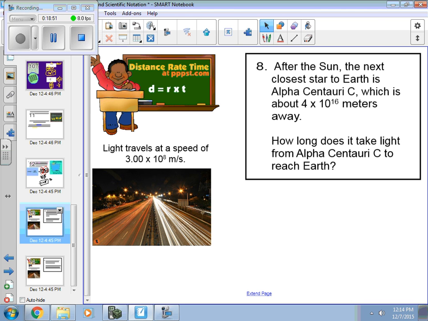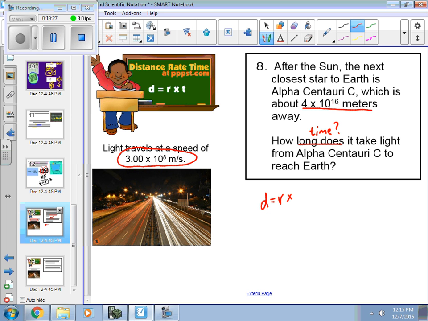Okay, well, to do this, we need to know how to relate distance, which we have a distance here, a rate, which is like speed, and we have that. We know that light travels at a speed of approximately 3 times 10 to the 8th meters per second. And then what we're trying to figure out is how much time, how long. So we're trying to figure out time. All right, well, let's plug in what we know then. We use our little distance equals rate times time here.